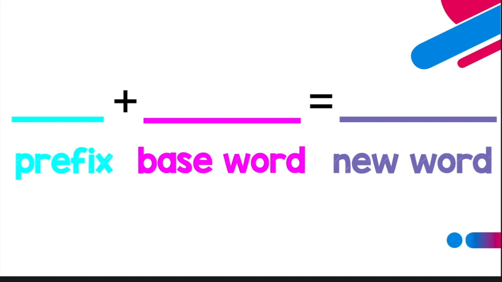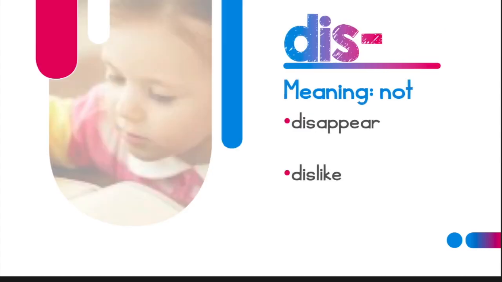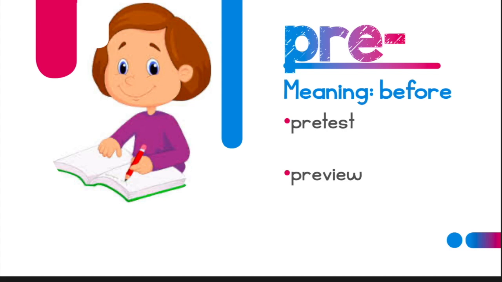Let's go ahead and go over the meaning of the prefixes that we're working with this week. Dis is a prefix that means not, like in the words disappear and dislike. Pre is a prefix meaning before, like in the word pretest and preview.